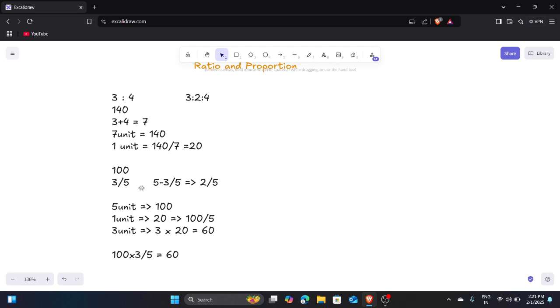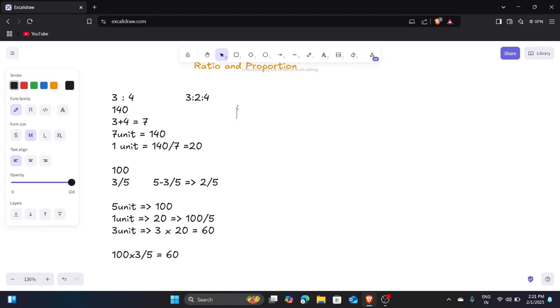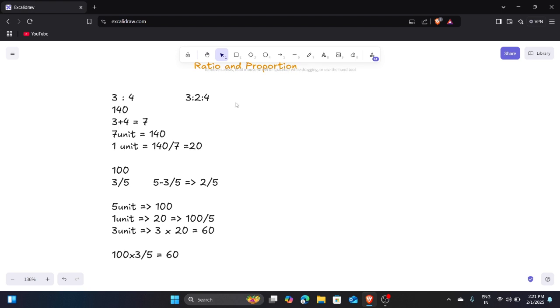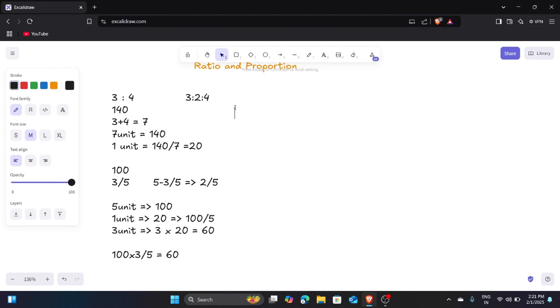Now suppose, what is 3 by 5? If you represent it in the mind, always visualize, meaning you create images in your mind every time. What is the meaning of 3 by 5?